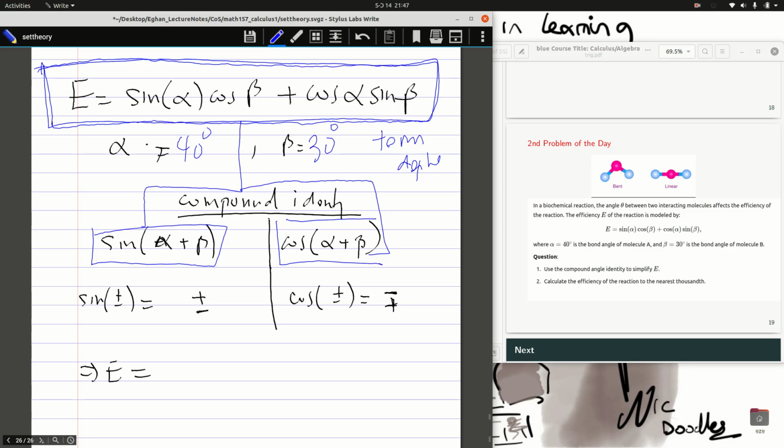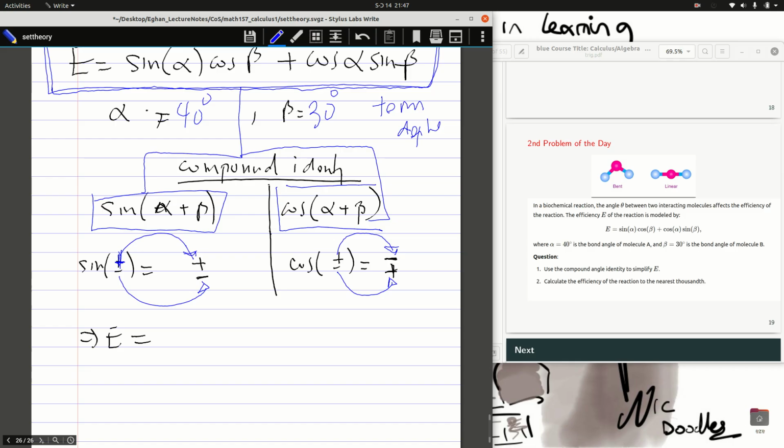But one thing I know is that the sine positive gives me positive, negative gives me negative. For cos, the positive gives me negative, negative gives me positive. And so from E, I realize that cos has nothing to do with my answers or my preamble. It means that E is sine alpha plus beta equal to whatever given.